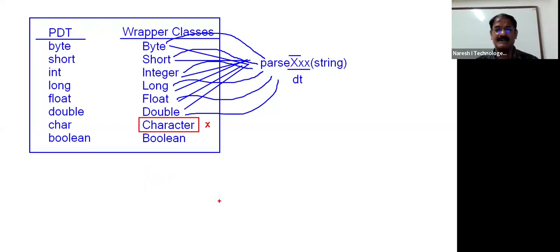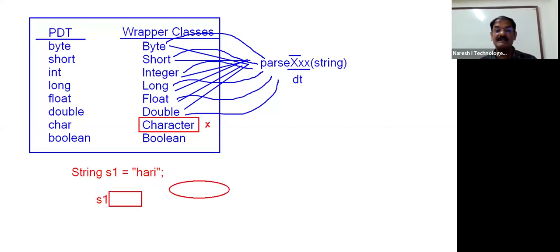There is another reason. Whenever you write string S1 equal to double quotes "Hari", I told you the string class internally stores this data by using a character array. This is the string class object. Inside the string class, we have a variable called value.